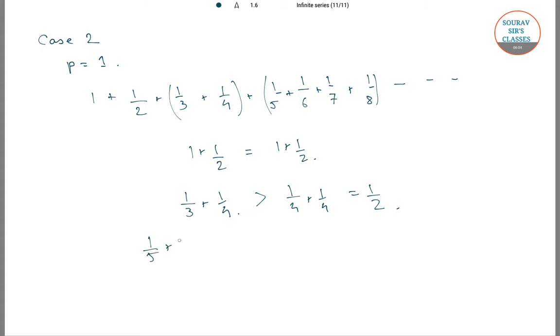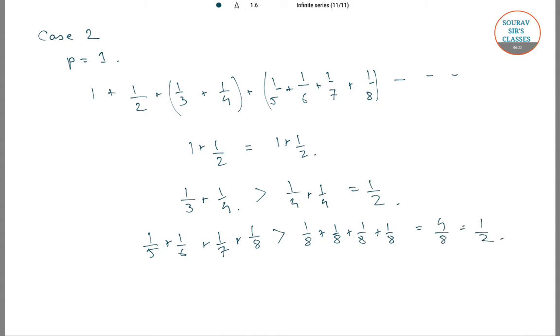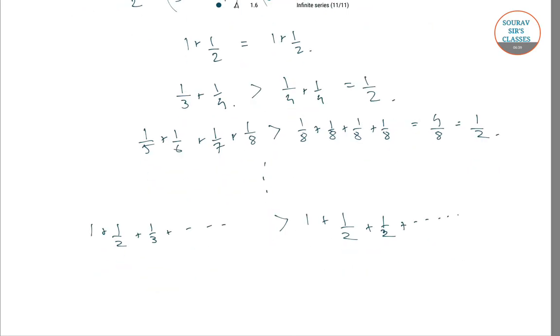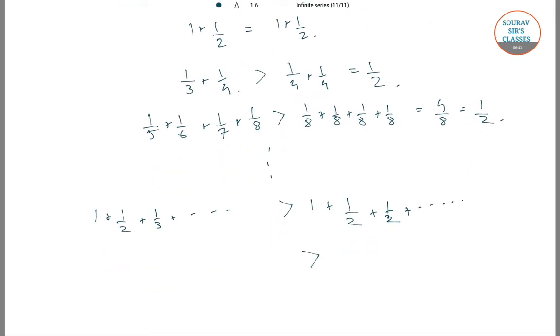Similarly, 1 by 5 plus 1 by 6 plus 1 by 7 plus 1 by 8 is greater than 1 by 8 plus 1 by 8, four times, which is equal to 4 by 8, or 1 by 2. So if we continue like this, our series 1 plus 1 by 2 plus 1 by 3 plus so on is greater than 1 plus 1 by 2 plus 1 by 2 plus so on, that is, it is greater than 1 plus n by 2.